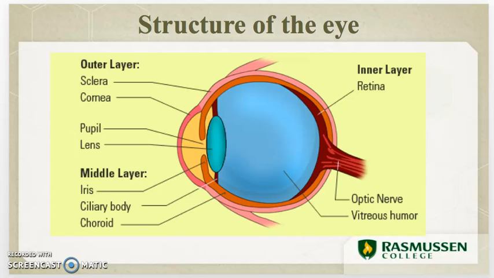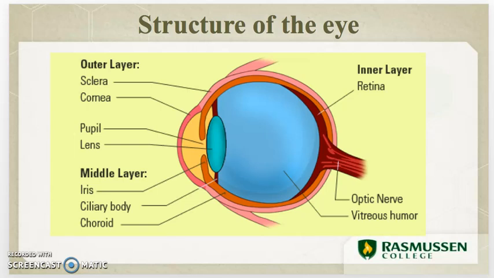Your eyelid is what closes over the eyeball and protects it from intense light, foreign matter, or any impacts. The conjunctiva is a mucous membrane that lines the underside of the eyelid and the anterior part of the eyeball. The lacrimal apparatus is where tears are produced, stored, and removed.